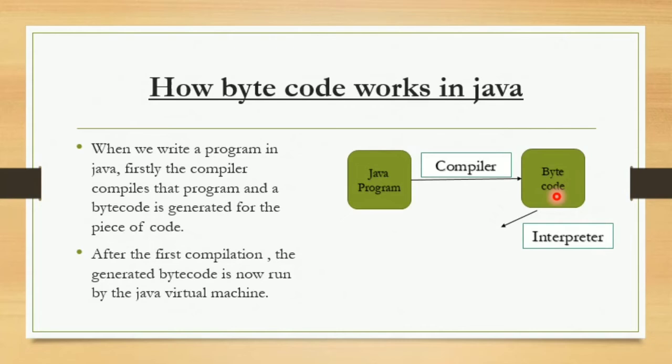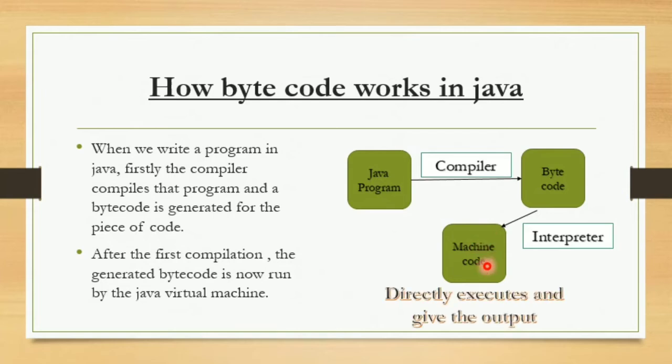Now guys, we are using the interpreter, and from the interpreter the code will become machine code, and it directly executes and gives the output guys. So this is how bytecodes work in the Java programming language. First of all, the Java program compiles and creates the bytecode, and after the bytecode it will become machine code, and it is directly executed and gives the output guys.